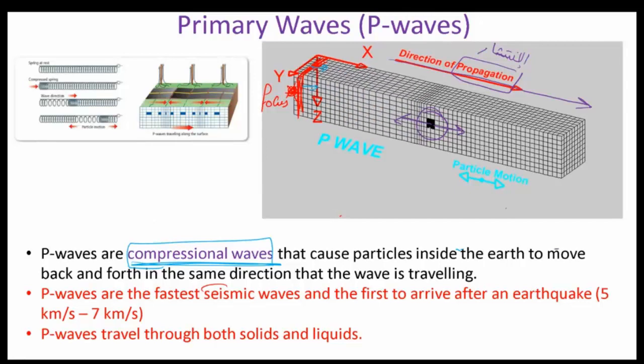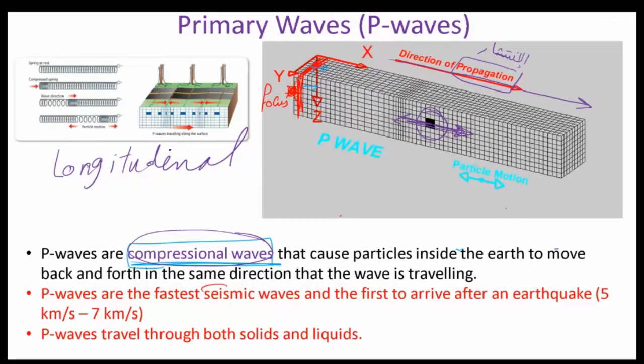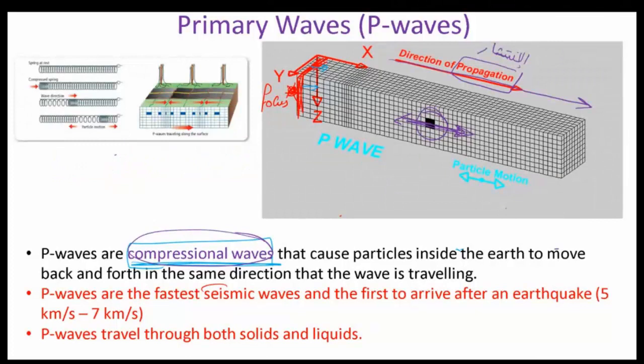The vibration direction is in the same direction as, or parallel to, the propagation direction. So this is called a compressional wave, and it's a kind of longitudinal wave. Longitudinal wave. الموجات المستطيلة. I think you studied something like that in high school. The longitudinal waves, الموجات المستطيلة.